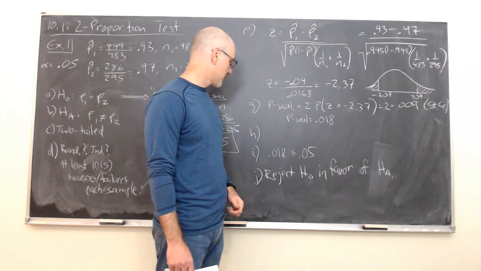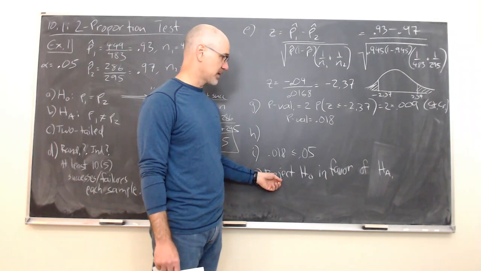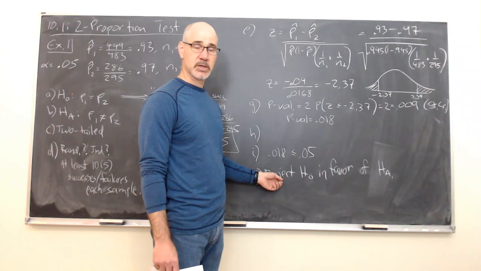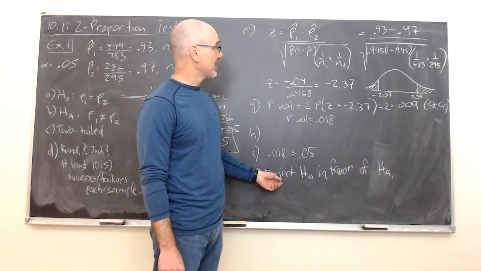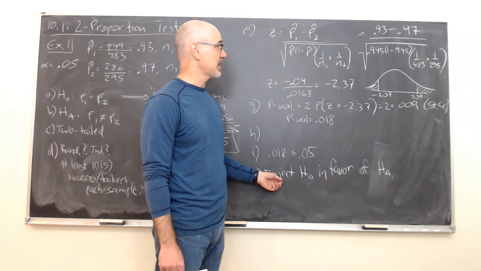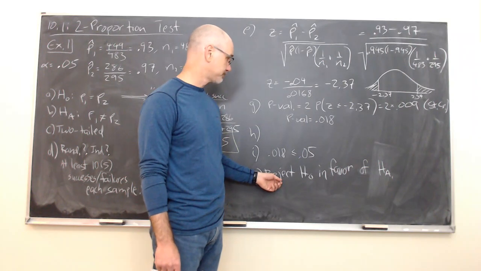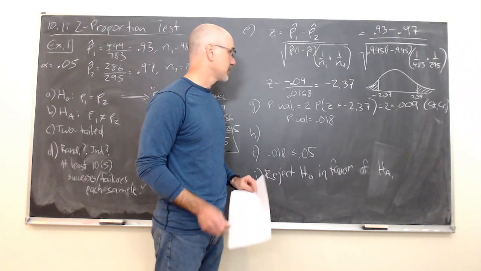So in this case, we would reject our initial assumption that there's no difference in graduation rates and conclude that in fact there does seem to be a difference, and our samples indicate that the private school has a higher graduation rate than the public school. So that's example 1.